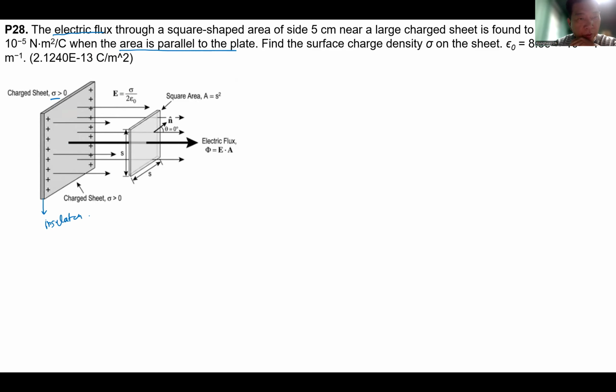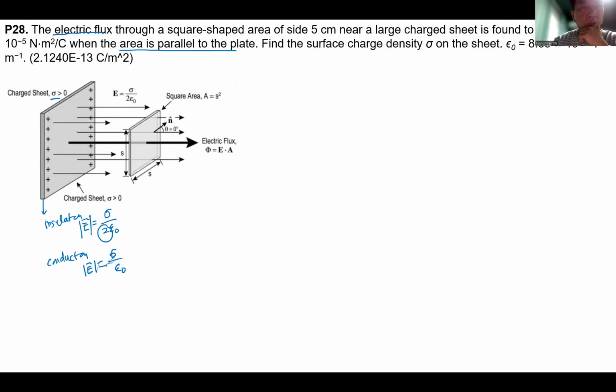Note that the conductor and insulator differ by a factor of 2. The factor 2 is a big difference, in fact.